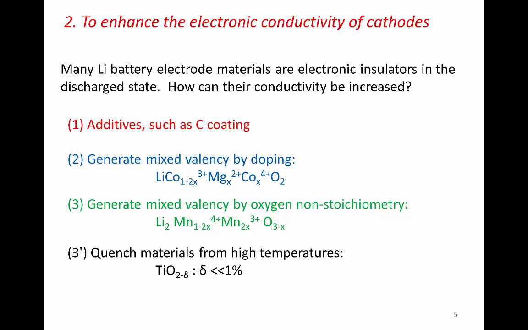So these are various strategies that can be used to enhance the electronic conductivity. However, it's not always good news when this happens, as I'll show you a little later, an example where it doesn't help and it can cause a problem for the electrochemical performance of the battery.